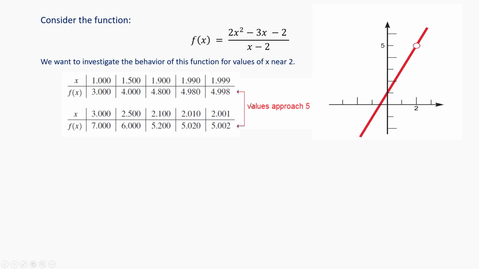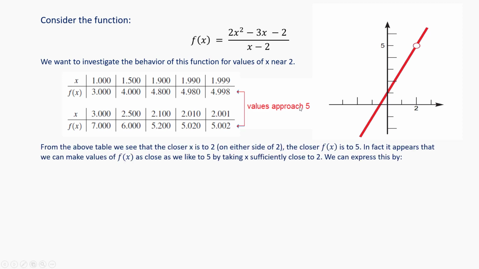From the table of the values of this function, and also from the graph of this function, we can see that the closer x is to 2, the closer our function is to 5. And we can express this by saying the limit of our function as x approaches 2 is equal to 5.